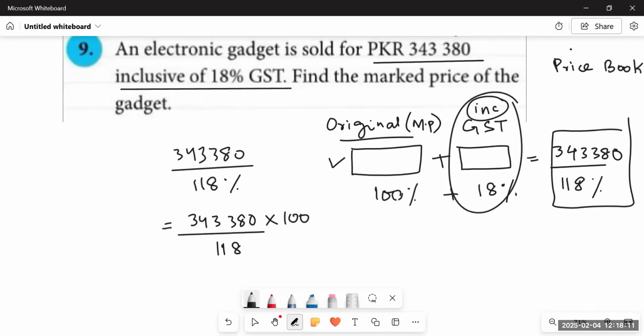So if we start solving it, we will get a total of 291,000. It means the original amount, the marked price of the gadget, was 291,000. That's it. This is all we have to do in this particular question.